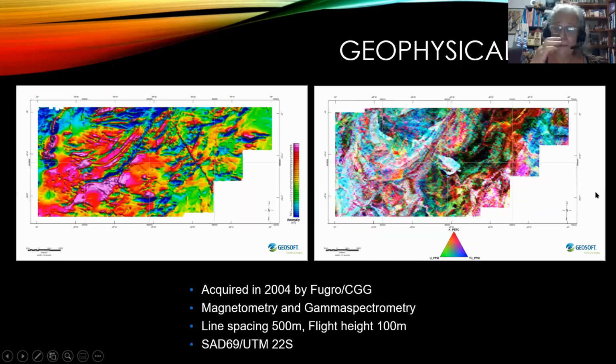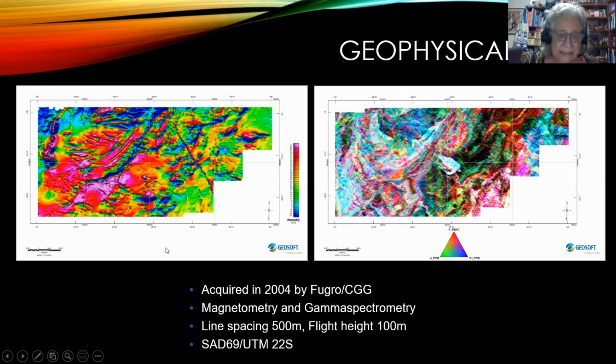And the geophysical data was acquired in 2004 by Fugro CGG. It keeps changing the names. Magnetometry and gamma spectrometry: the line spacing was 500 meters, flight height 100 meters, and the projected coordinates were SAD 69 UTM 22 south.